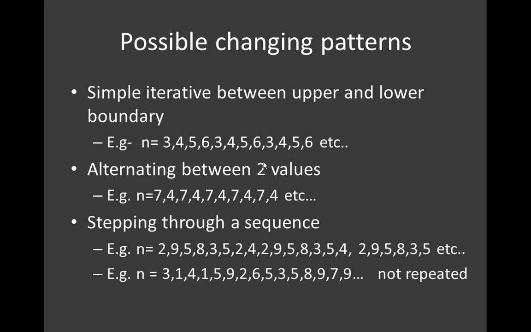So let's have a think about some patterns. The easiest one would be, let's have 2 limits between 3 and 6. So we just go 3, 4, 5, 6, 3, 4, 5, 6, 3, 4, 5, 6. Or actually for Caesar cipher, we could just go between 2 and 26 and just keep cycling around that.